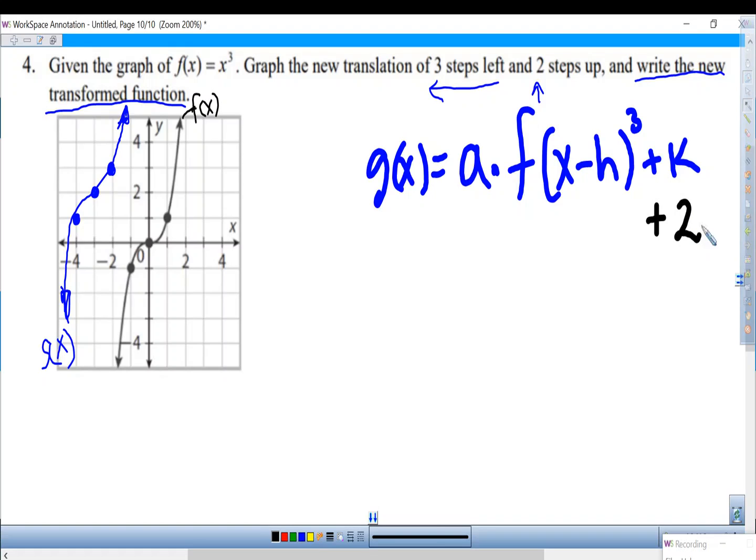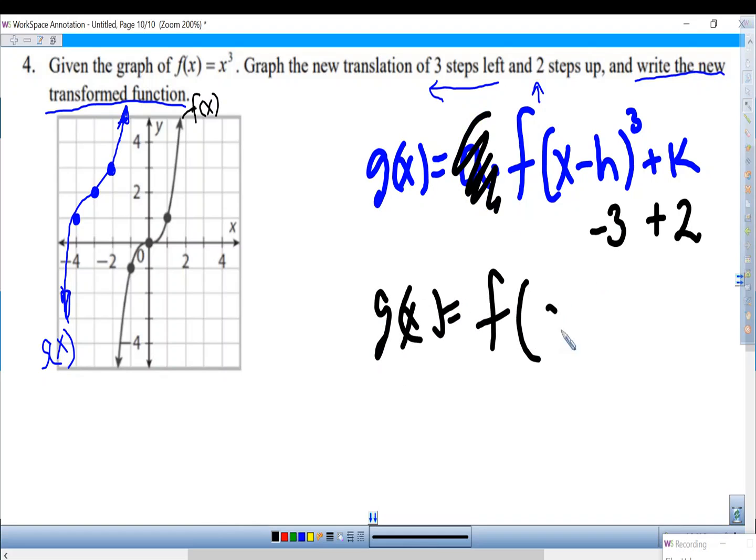What else? 3 steps left. What does that mean? Minus 3, yes. And where does that go? In the h. So I'll write negative 3 underneath the h. All right, that's all we did? Yes? So we don't need which one? A. So erase the a. And now we just write our new one. G of x equals f of x.